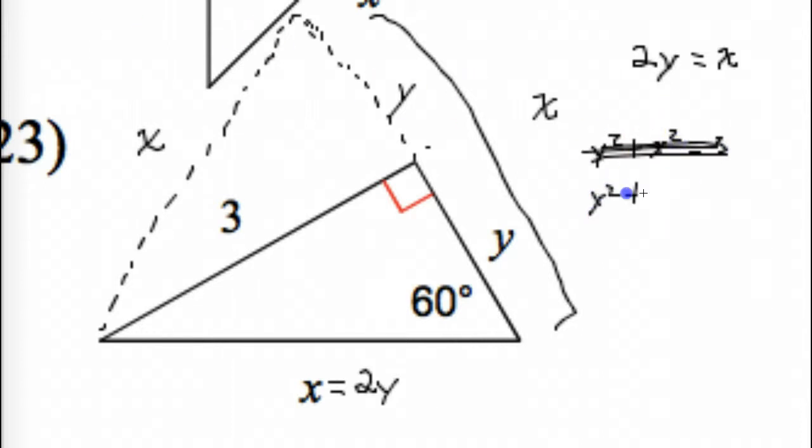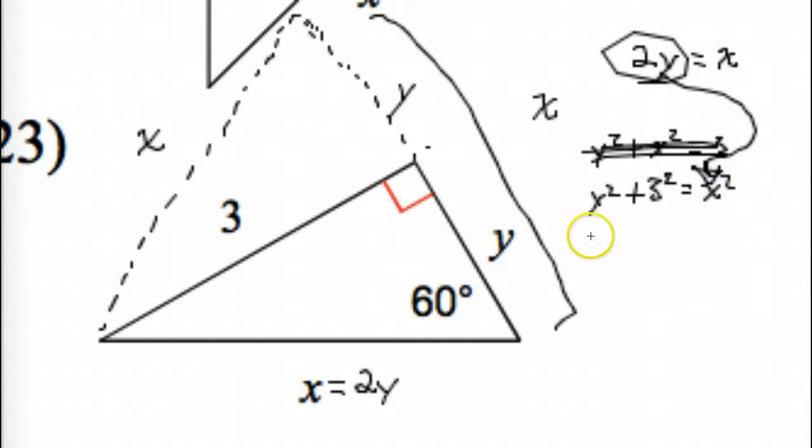Y squared plus 3 squared equals x squared. But instead of saying x squared, I'm going to say 2y. I'm going to plug that in for x right there. And that would give me y squared plus 3 squared equals (2y) squared.